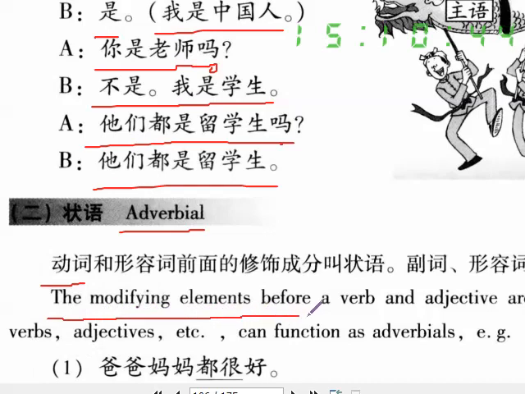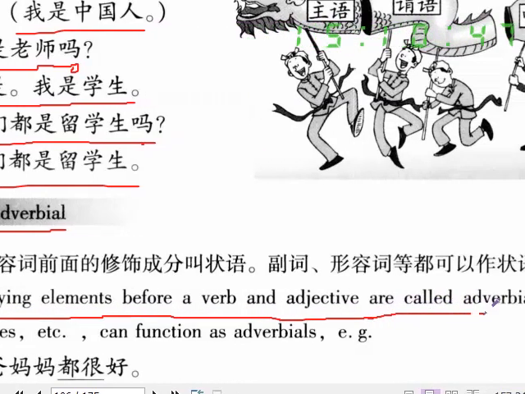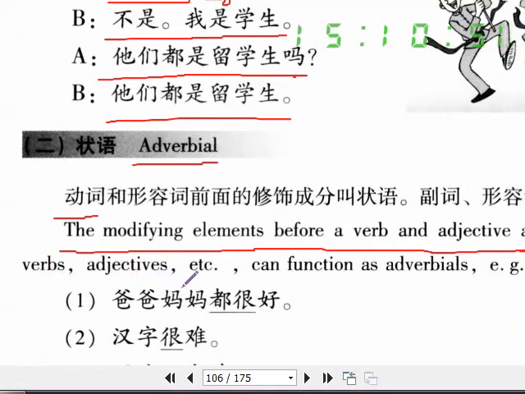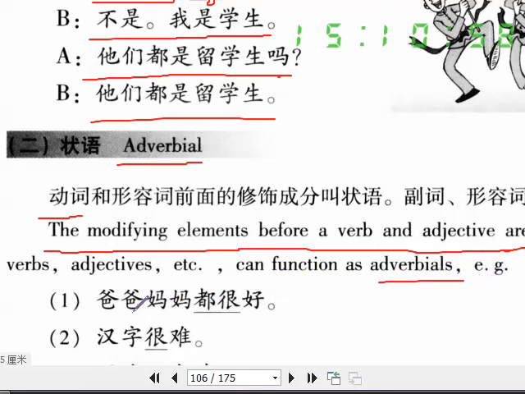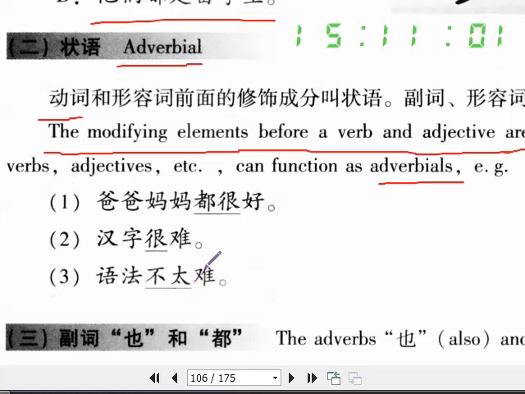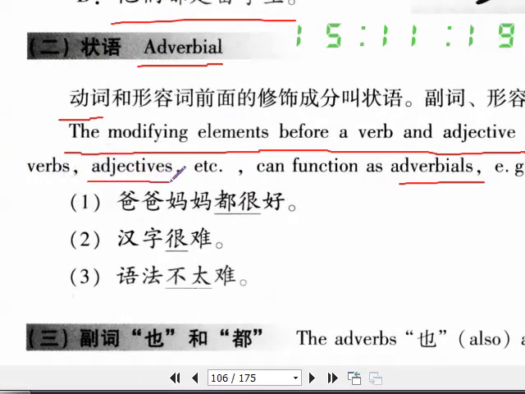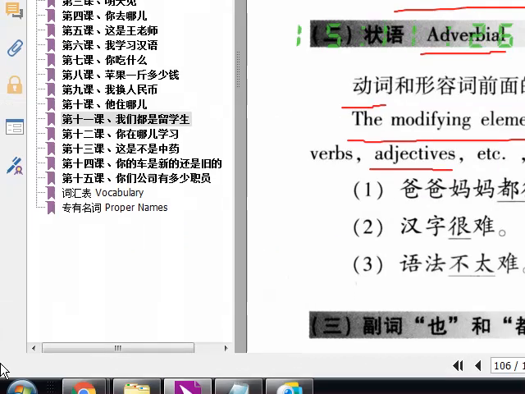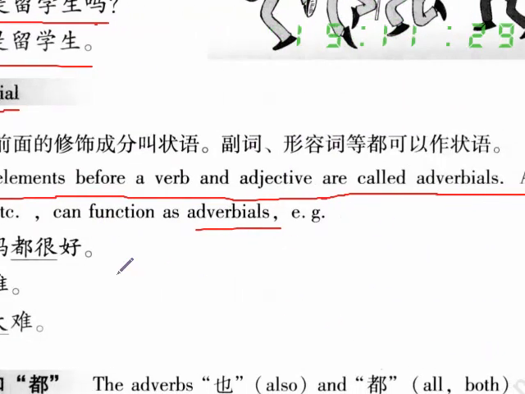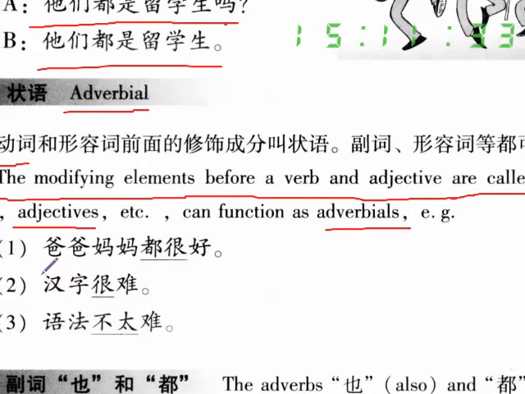The modifying elements before verb and adjective are called adverbials. Adverbs, adjectives, etc. can function as adverbials. Adverbs and adjectives sometimes can function as adverbials. So, look at these examples.